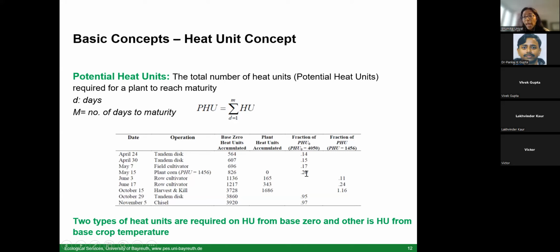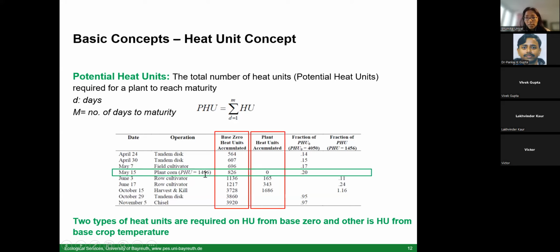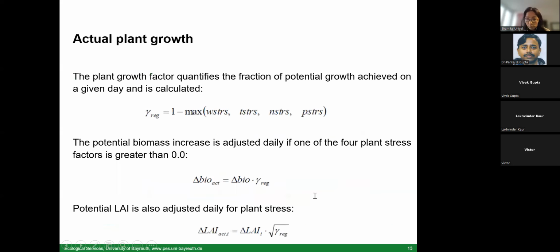And then here in my case, the crop is planted. Once the crop is planted, you see it should increase, but here I'm using a different type of heat units, which corresponds to the crop, and that's all. I hope that this is clear. If it is not, just let me know, and I will try to explain it again.